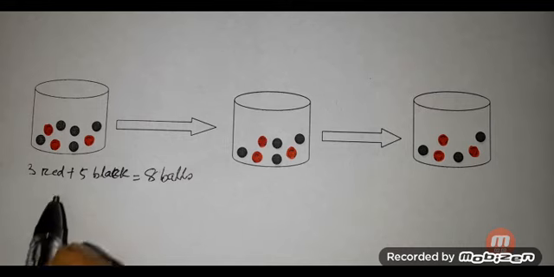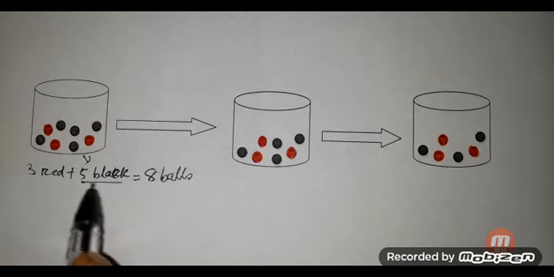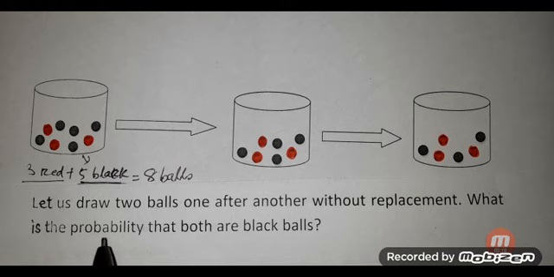A bag contains 8 balls, out of which 5 are black and 3 are red. Let us draw 2 balls one after another without replacement. Now, what is the probability that both are black balls?